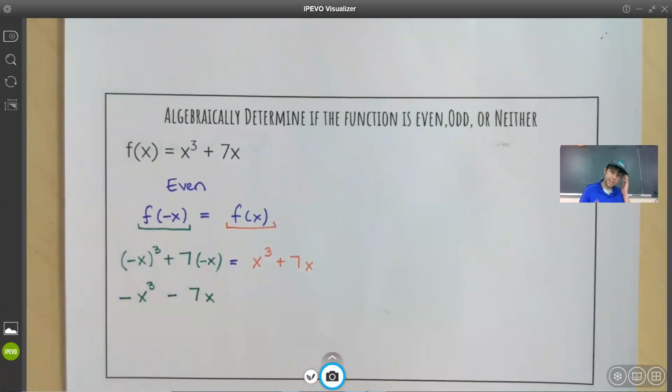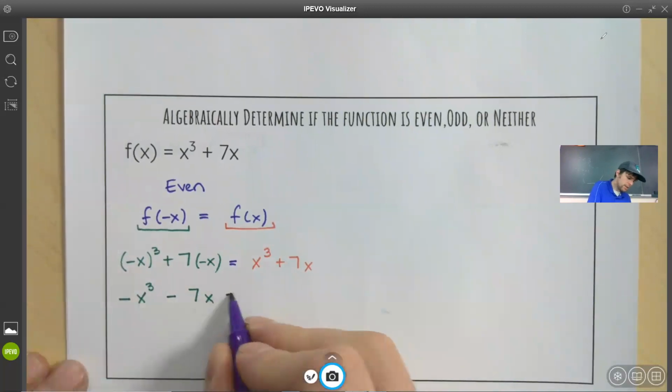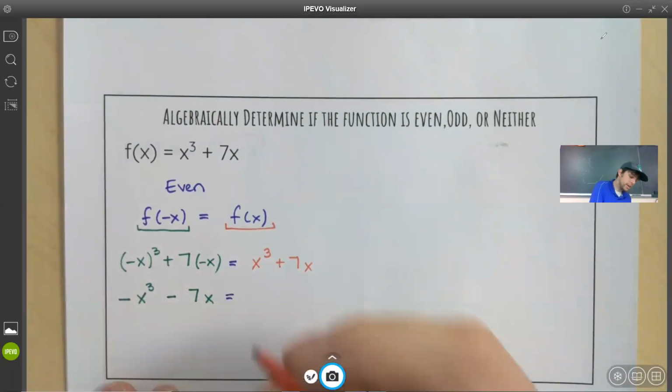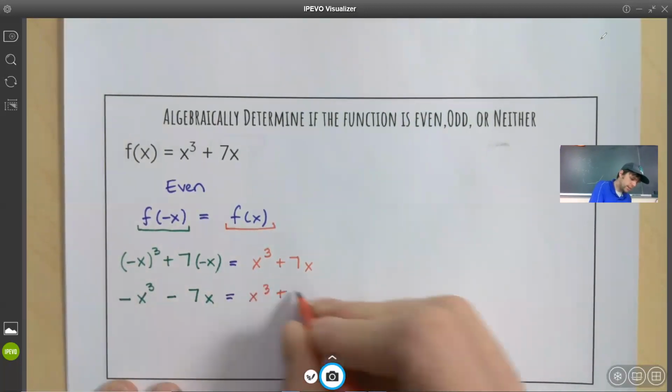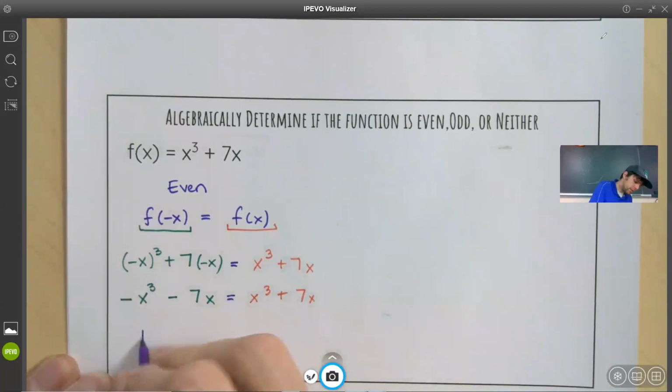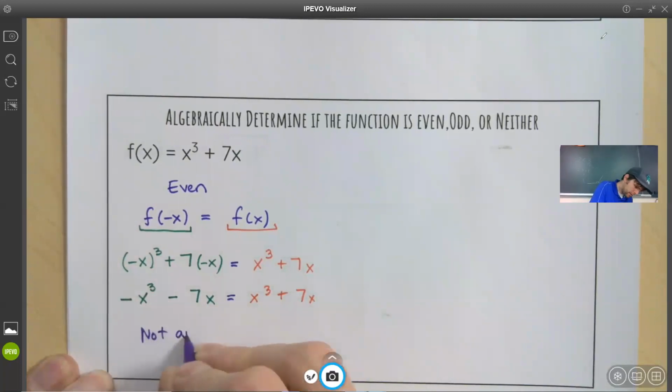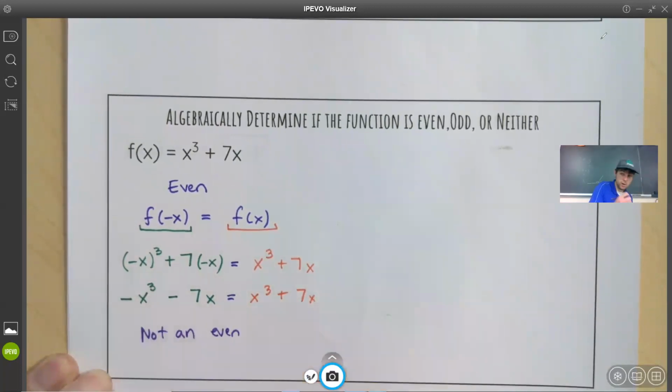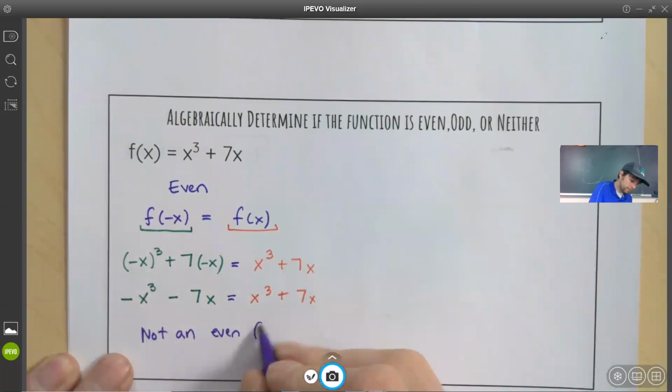There we go. So that's what we can do to simplify that. Now we have our question: are these the same? Are they actually equivalent? And the answer, hopefully, that we're seeing is that they're not. These are not the same thing. I still have x to the third and some similar looking things, but they're not exactly the same. Therefore, this is not an even function. If it were even, they would be exactly identical.